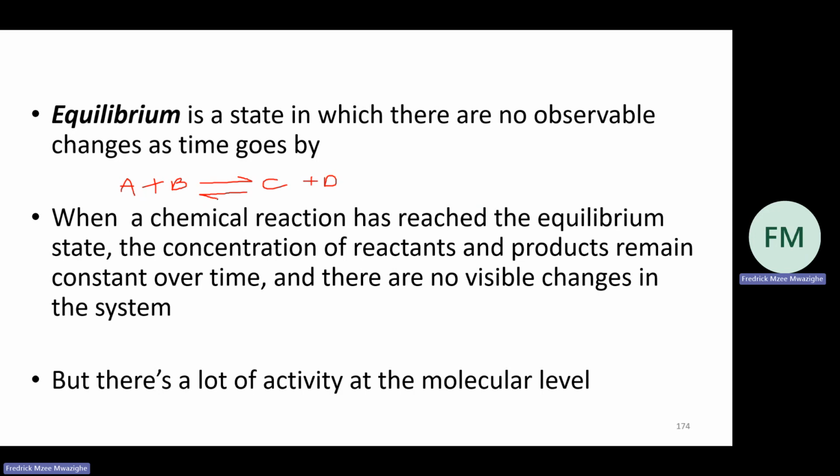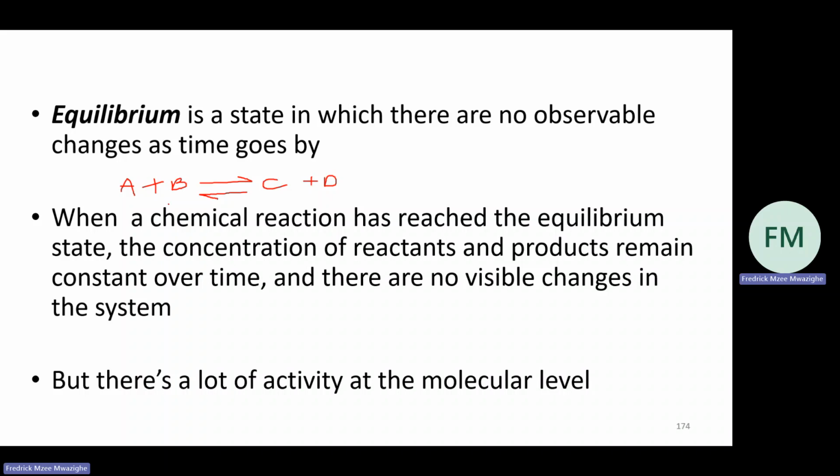So it reaches a point where it's as if you cannot observe any change. And we will see a couple of examples which will illustrate this state of equilibrium. So it's as if there's no reaction taking place, if you can observe it. But in real sense, the forward and reverse reactions are taking place.